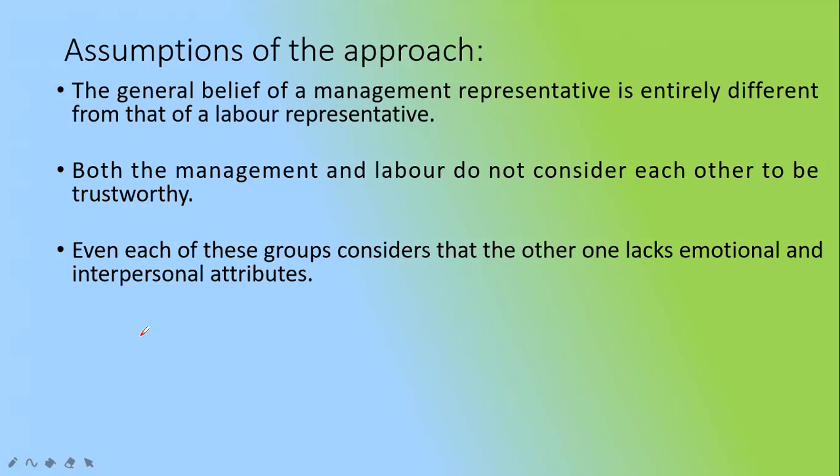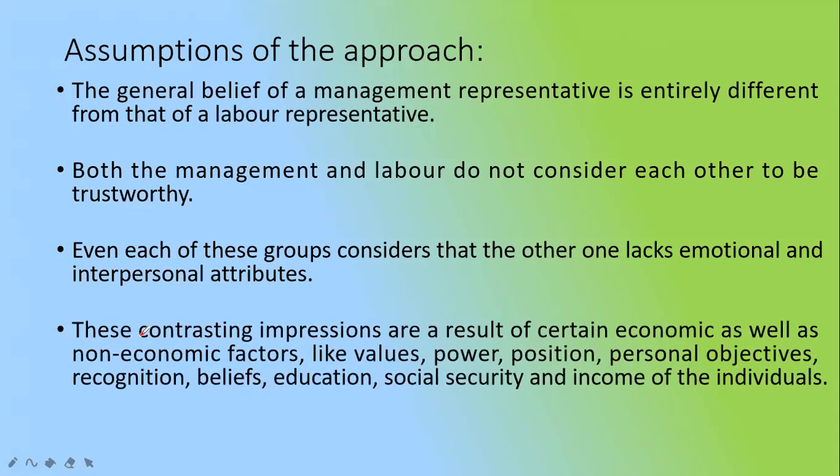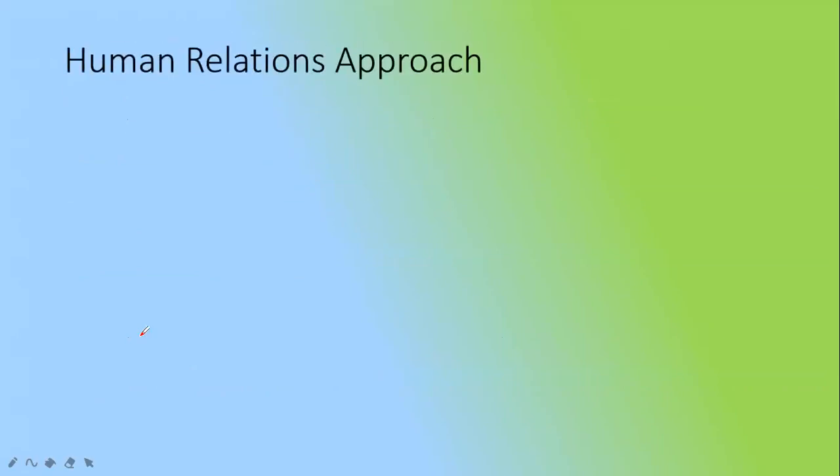Because of that difference in opinion, definitely conflict arises. These contrasting impressions are the result of economic and non-economic factors like values, power, position, personal objectives, education, society, and income of the individuals. Coming to the next most important thing, the human relations approach.